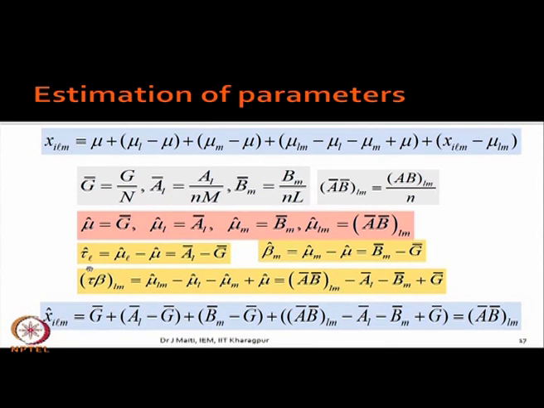Then tau L cap will be mu L cap minus mu cap, so that is AL bar minus G bar. Similarly, beta m you are also calculating, similarly the interaction effects you are calculating.